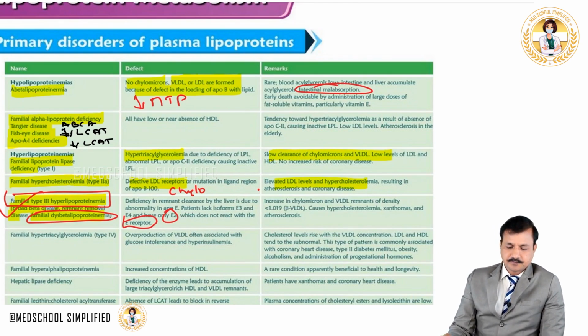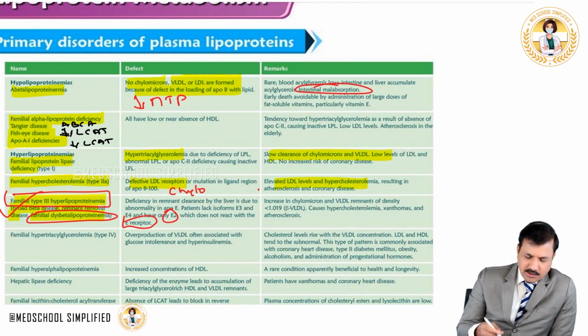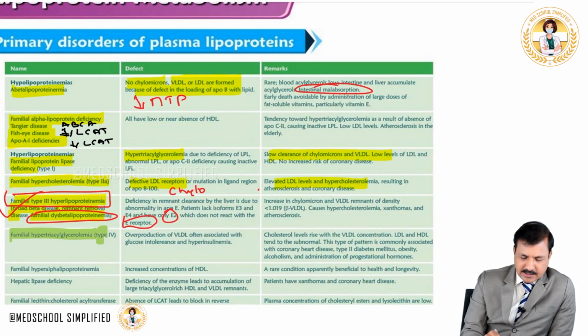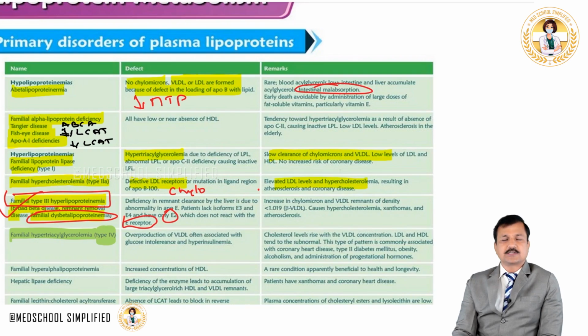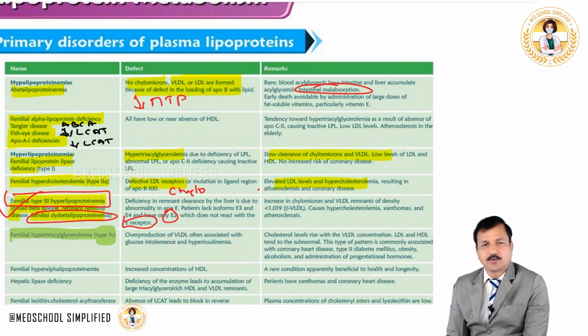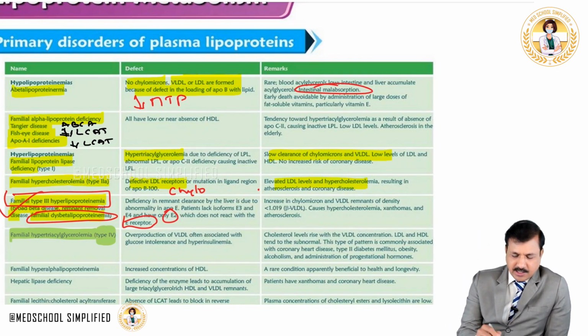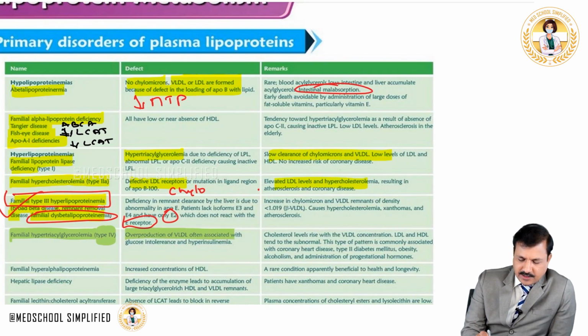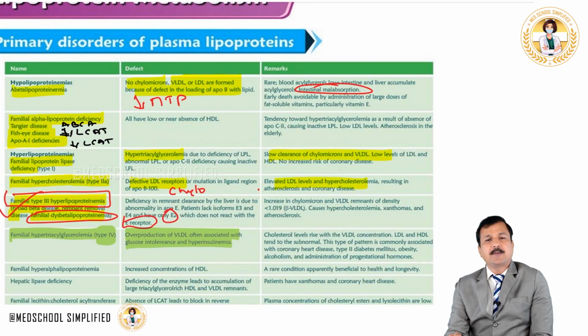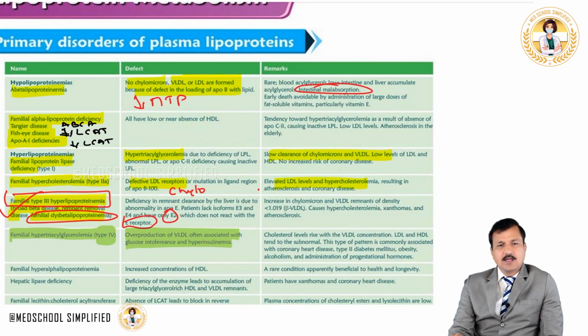Okay, so now let's move on to the next disease in this table, familial hypertriacylglycerolemia. Familial hypertriacylglycerolemia is referred to as type 4 hyperlipoproteinemia, and this is because of overproduction of VLDL, often associated with glucose intolerance and hyperinsulinemia.